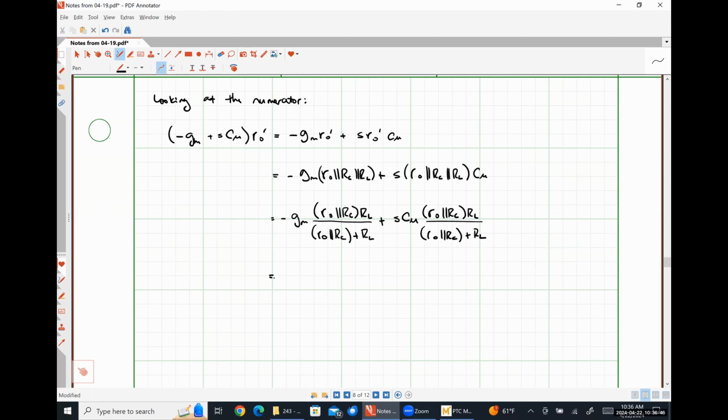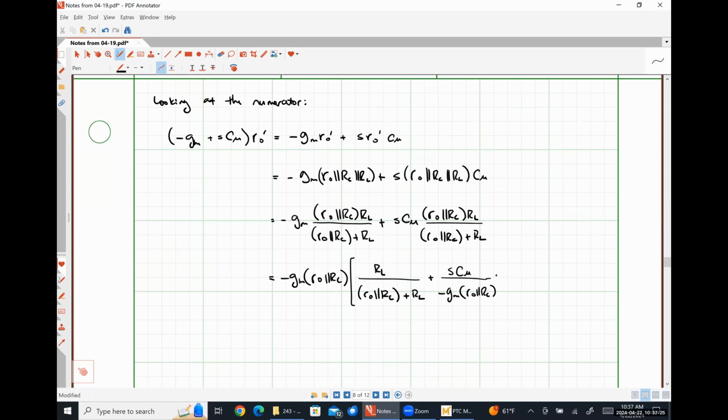So when I pull that out, I'm going to be left with RL divided by R naught in parallel with RC plus RL. I'm going to put plus here. And so I'm going to divide this s C mu term by negative gm R naught in parallel with RC. And then I'm going to multiply by that ratio of resistances.